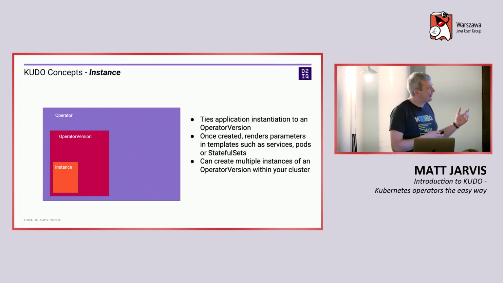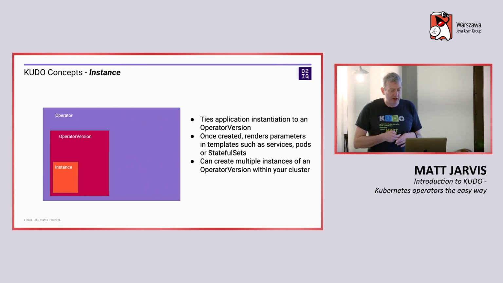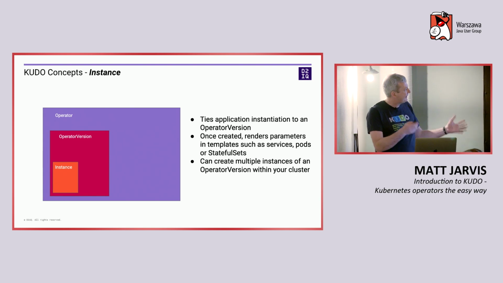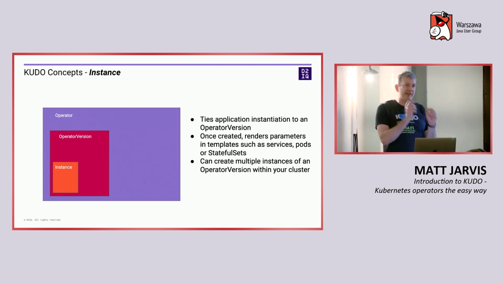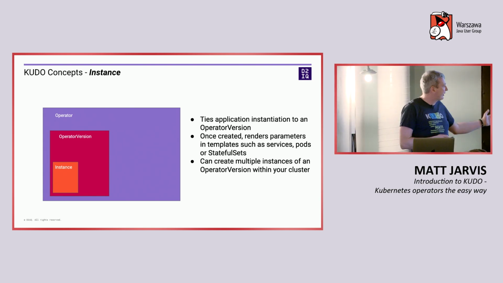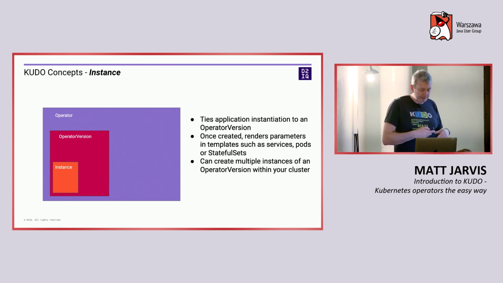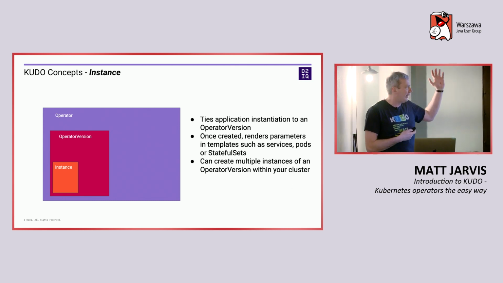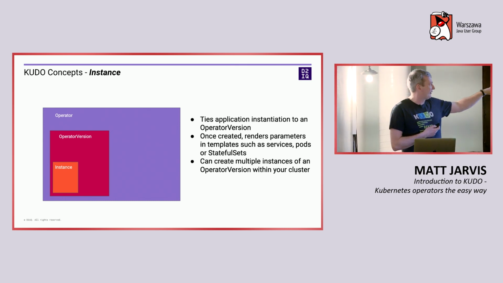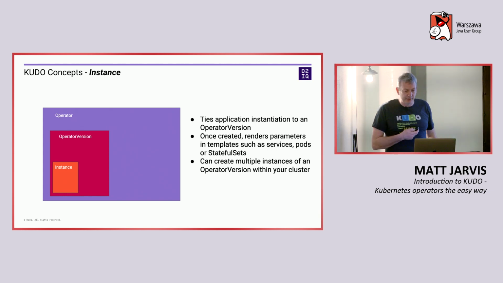And then the instance is the CRD that ties a particular instantiation of an application, so a Kafka cluster, for example, to an operator version. So it's an actual deployment of the thing that we want to control using KUDO. And when you create an instance, you can override parameters that are set as defaults in your operator version.